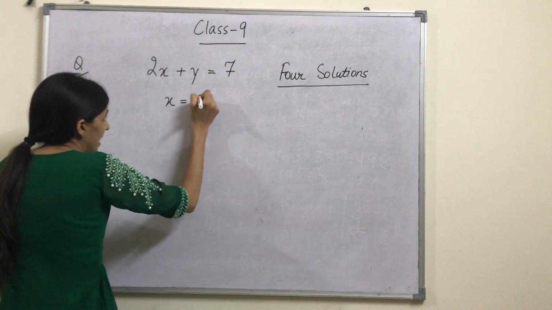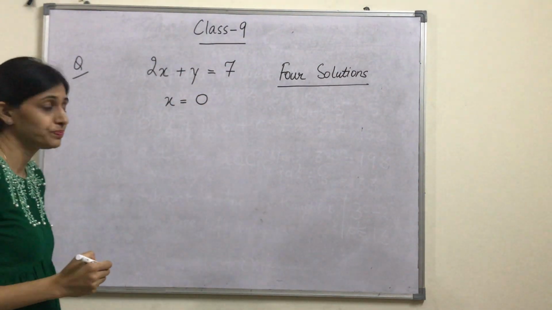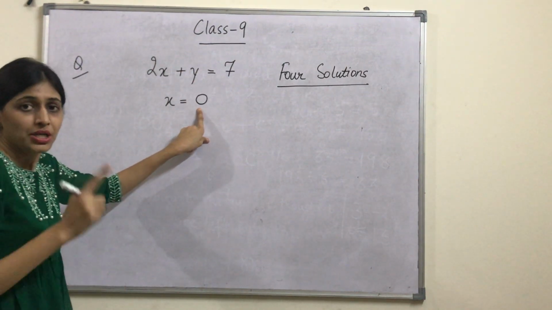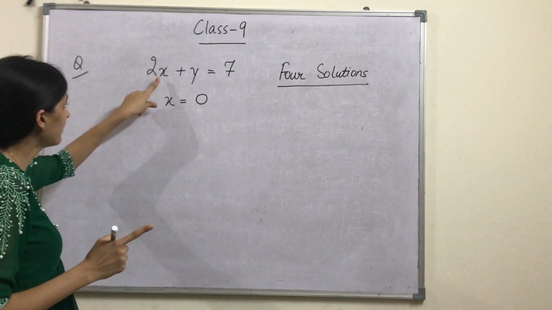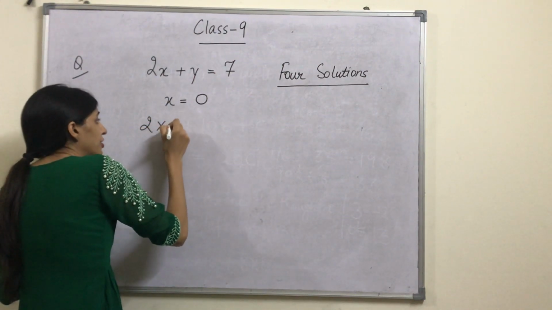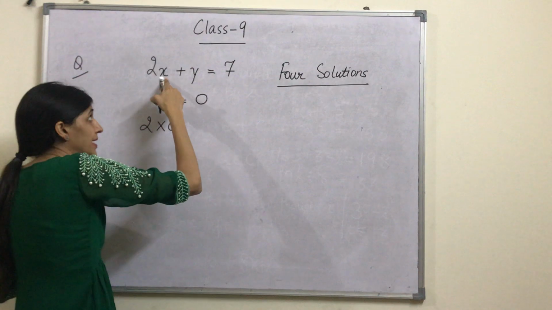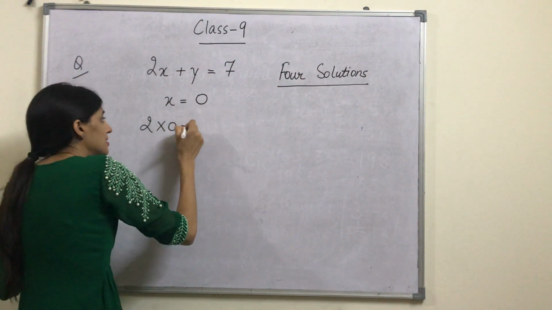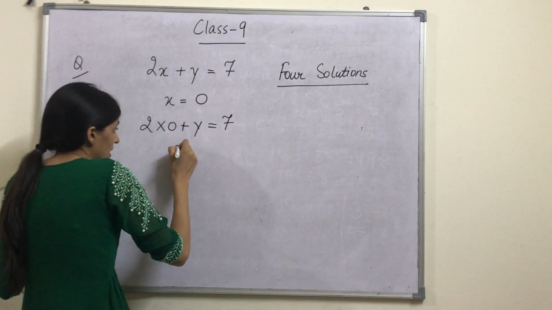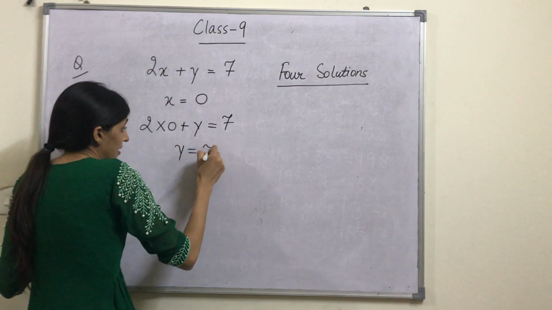Suppose I take x as 0. Whatever value you are taking, you have to put that value in the given equation. 2 into 0, because this is 2 multiply x and x is 0, plus y is 7. Here y comes 7.